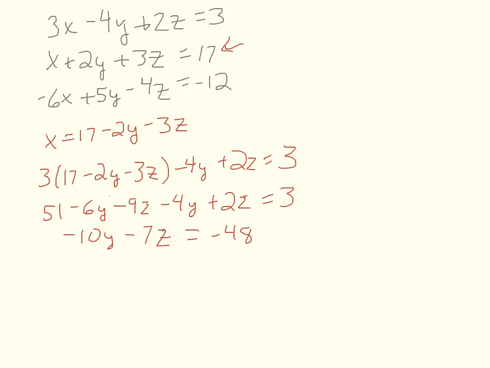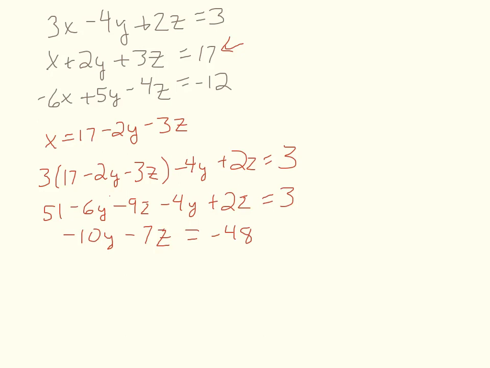Okay. So what do we have? We still don't know how much anything is, but we have it in terms of another variable. Now I can take the 6x and the 5y and the 4z and get a similar equation in terms of y's and z's. Then I can find out what I need to find.